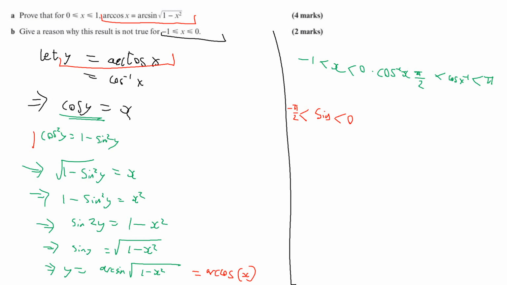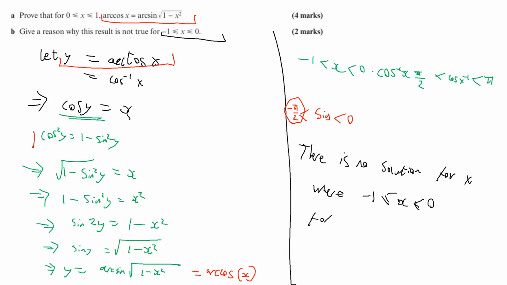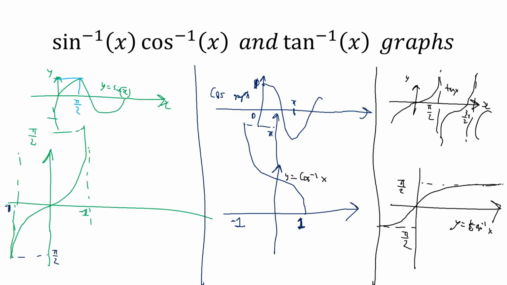And as you can see, because it doesn't go between negative pi over 2, okay, there is absolutely no solution for x where x is between minus 1 and 0 for this. Okay? And it's all because of the graphs right here.